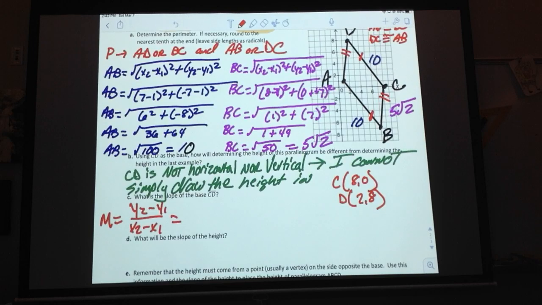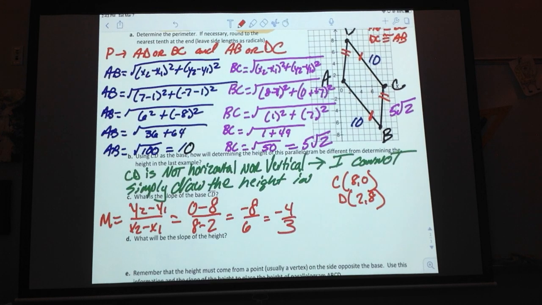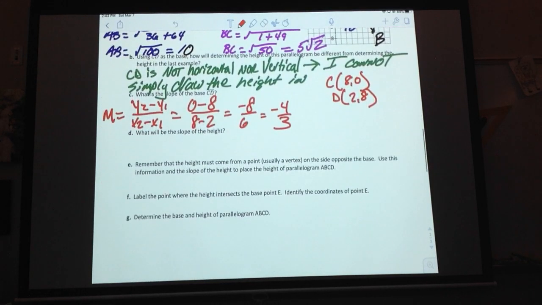So, C to D, let's go 0 minus 8 over 2 minus 8, which is equal to negative 8 over 6. If I reduce that down, taking a 2 out of both 8 and 6, it's negative 4 over 3. So I have found the slope of CD, which is negative 4 over 3.